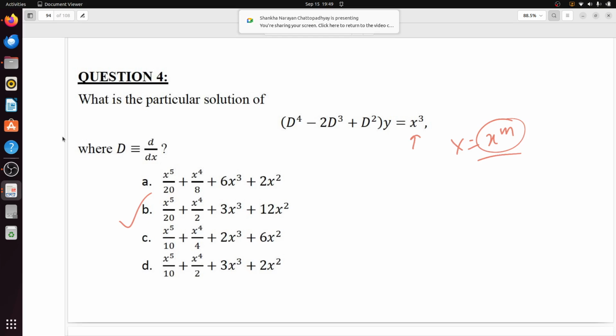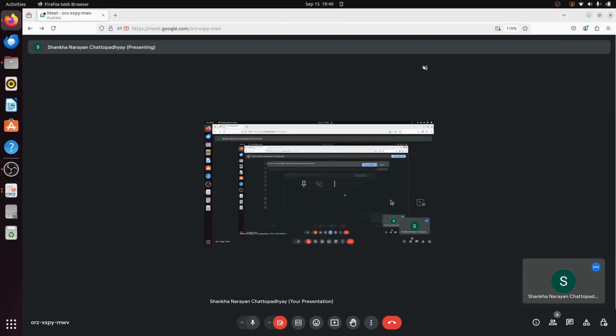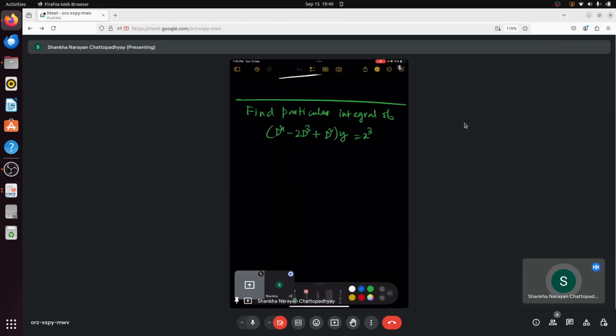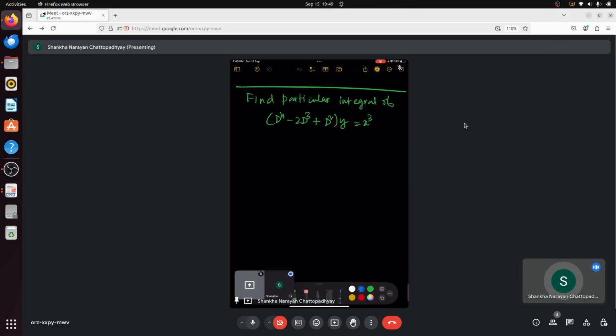Okay, so this is our problem. We need to find the particular integral of d4 minus 2d cube plus d square y equal to x cube. Ma'am, can you solve it?